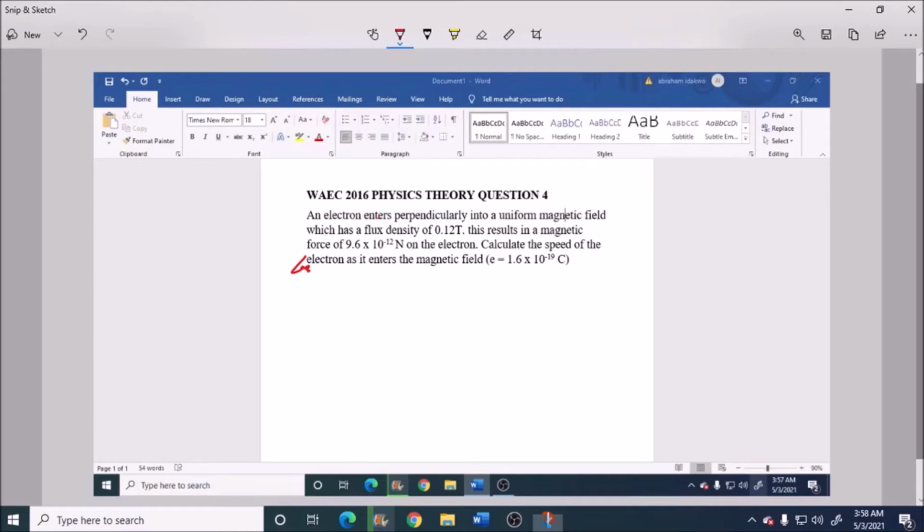Then we have electron charge is 1.6 times 10 raised to power minus 19 coulomb. All right, what other parameters do we have?